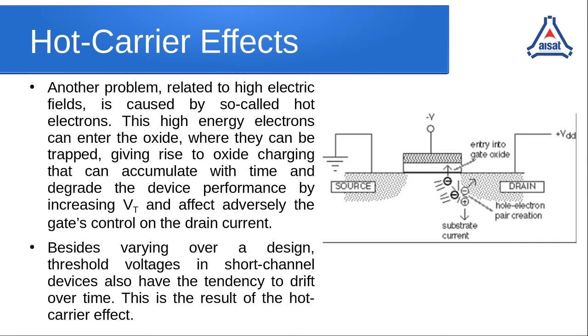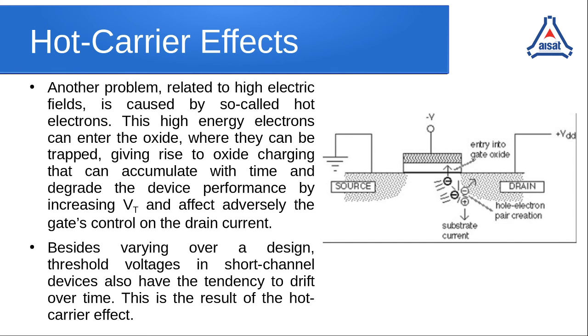And these hot electrons get trapped in the oxide layer, and that will start charging the oxide layer. And as time moves forward, these hot electrons will degrade the device performance. How is it degrading? It will increase the threshold voltage. Now the MOSFET will function only for a higher gate voltage.